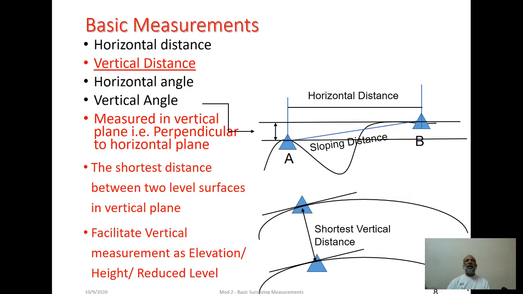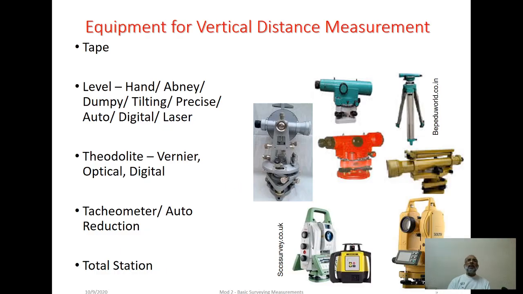This particular measurement is essential to have the elevation, height, or also called the reduced level of a particular station. This can be directly measured as well as indirectly measured. There is a variety of equipment to measure this vertical distance.